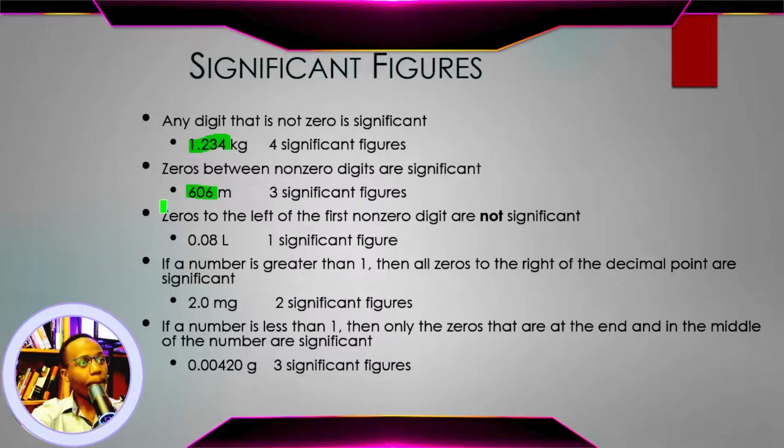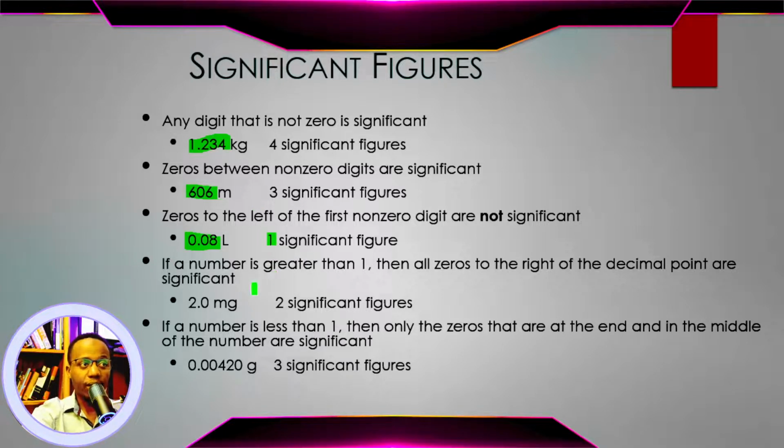The next rule says that zeros to the left, if they are at the end and not in between, are not significant. So this is one significant figure. These zeros to the left are not significant. Very important. How about this?